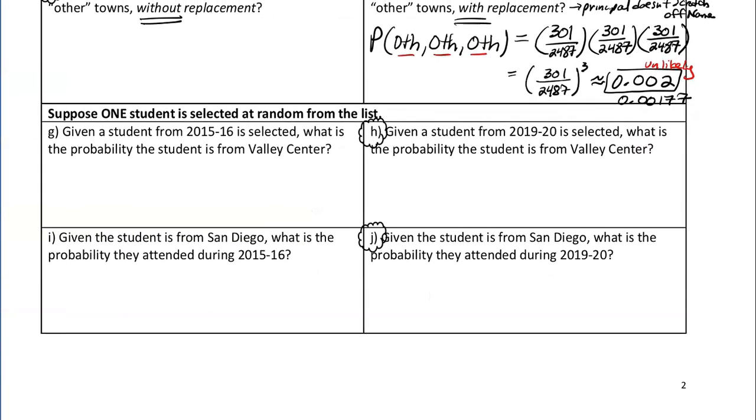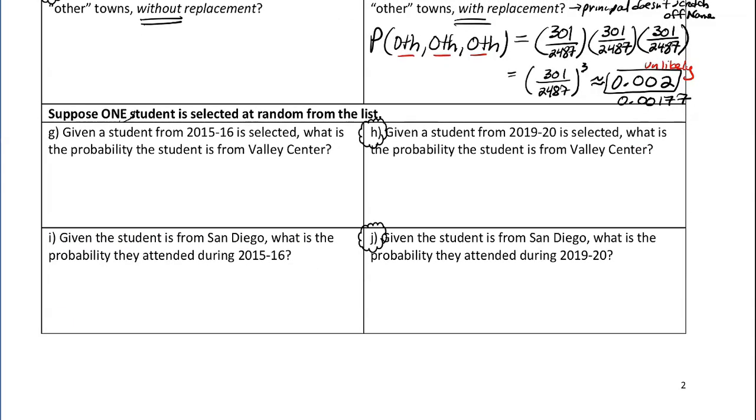And then the next question, we're back to selecting one student. And I'd like to introduce you to an idea that's called a conditional probability. A conditional probability is a probability where we're not going to be dividing by our large denominator, the entire list number, 2,487 in this context, but we're dividing by something else. So let's see.